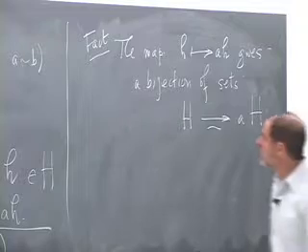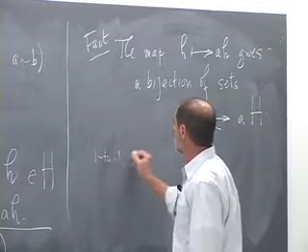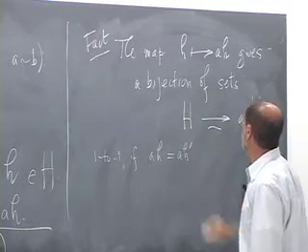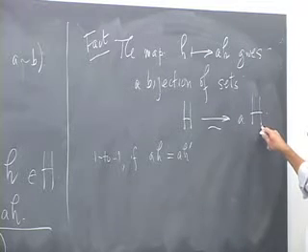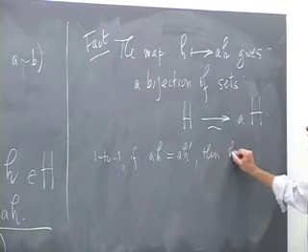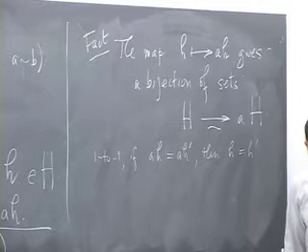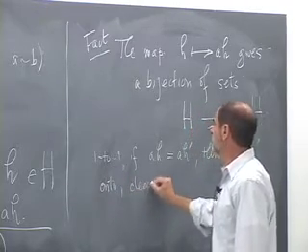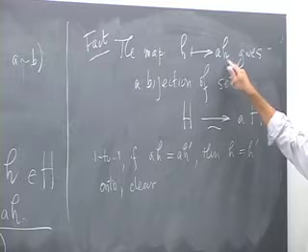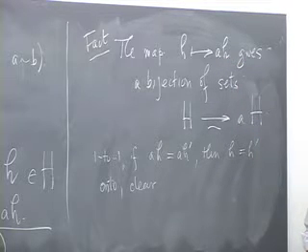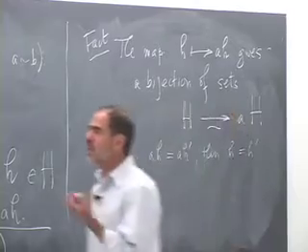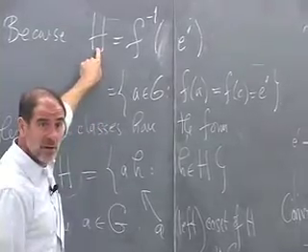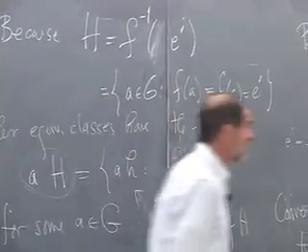It's one-to-one: if ah is equal to ah prime, those are two different elements in this, then h is clearly equal to h prime, just multiply by a inverse. Onto? Clear, because the elements in this set are just things of the form a times an element in H. So the cosets are all in set-theoretic bijection to H. In particular, if H is finite, the cosets all have the same number of elements.